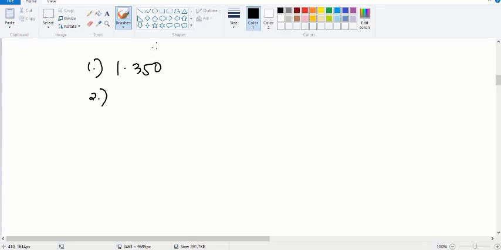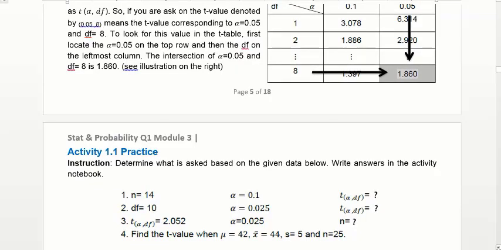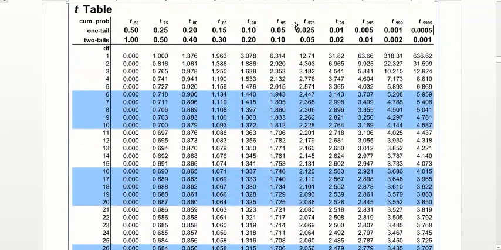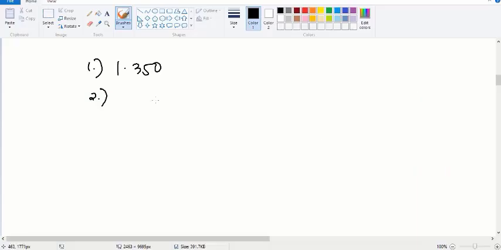How about number 2? Degrees of freedom is 10, and alpha is 0.025. Given the degrees of freedom, 0.025 and 10, the answer is 2.228. How about number 3?